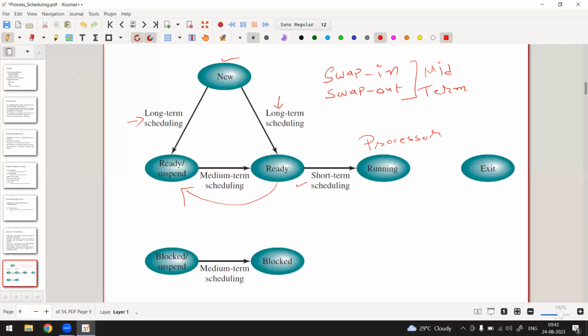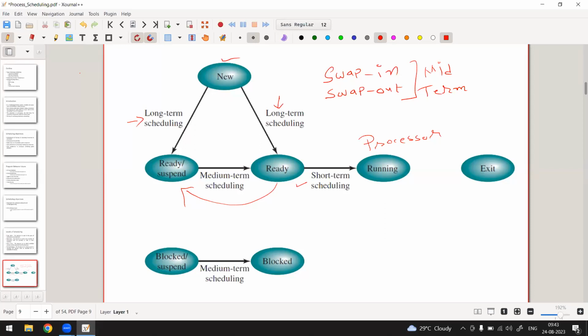Frequency wise, if I ask you which scheduler is invoked very frequently, you can say the short-term scheduler is invoked very frequently. The mid-term scheduler is invoked in the medium range of frequency, and the long-term scheduler is invoked very rarely, right? Why very rarely?